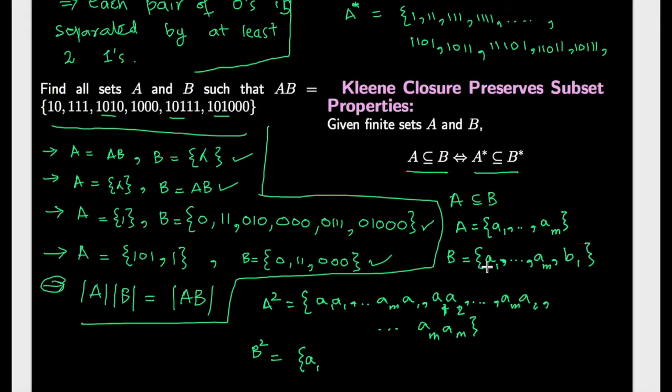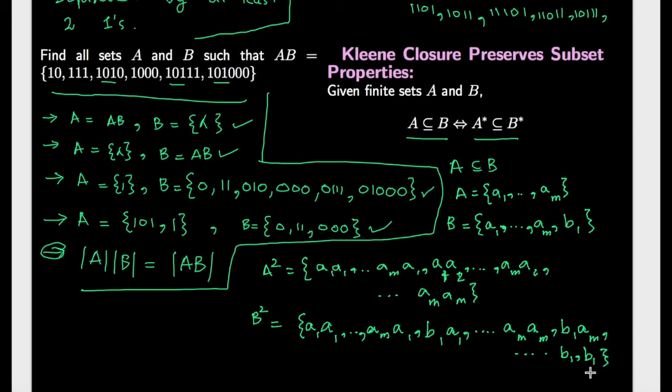We have A1A1 up to AMA1, and then we have another one, B1A1, and in the end we will have AMAM, then B1AM, and finally B1B1. So then we can say A squared is a subset of B squared.